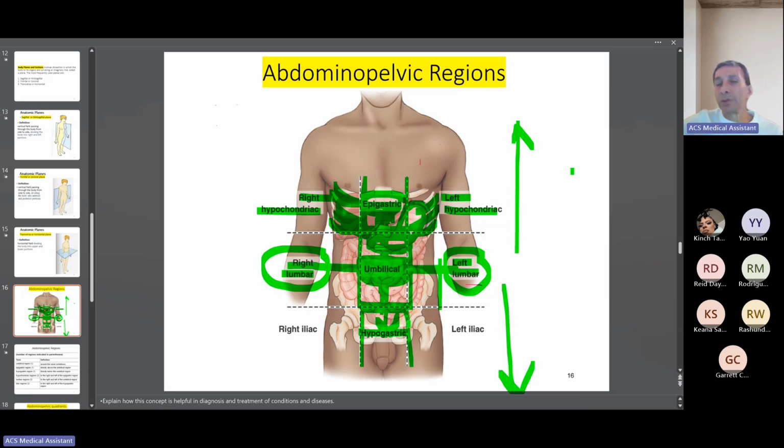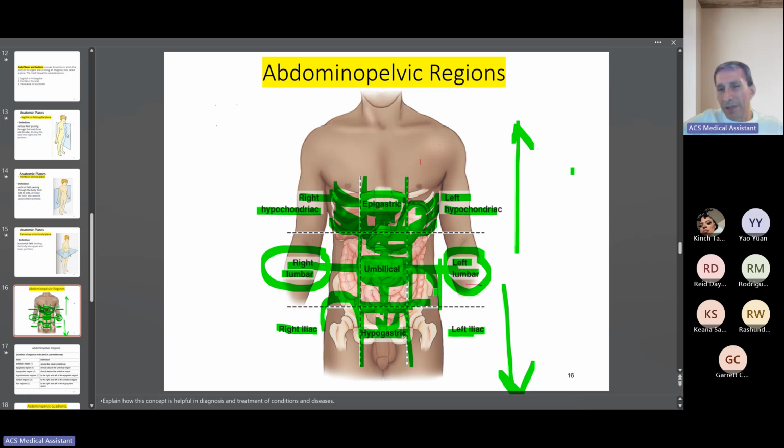Then we're going to go to the hypogastric, right and left, because all of them have right and left, but different names, depending on the location. Right iliac, left iliac. Why do we call it that? Because these are the major bones of the hips. These bones that we can touch right here by the hips, those are called iliac. Looks like ears. So we have the right iliac right here and the left iliac right here.